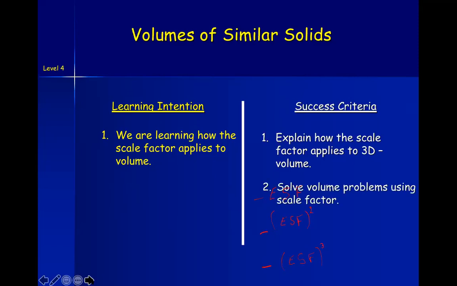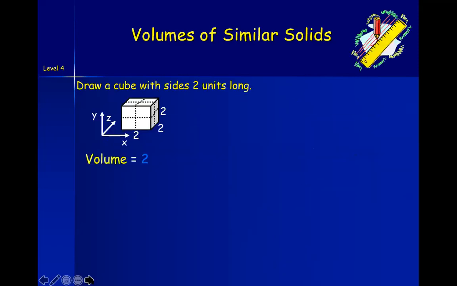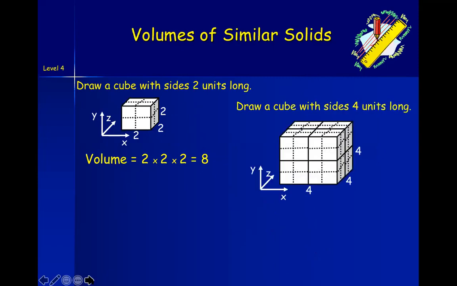So let's see if we can solve some problems. If you have the time, you can draw a wee cube, and then you'll be able to see it. You've got a cube that is 2 units by 2 units by 2 units. And if I ask you to double the length of each side, you can tell me the volume went from 2 times 2 times 2 to 4 by 4 by 4, which is 64.